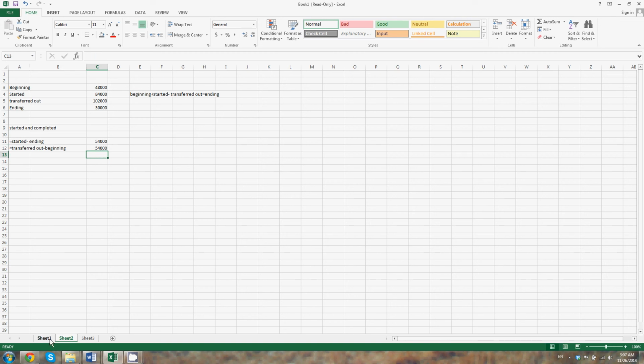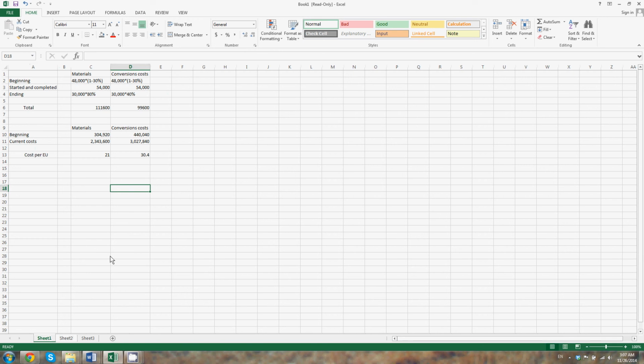All right, let's take a look at the last exercise, using FIFO to calculate the cost of transfer out and also the cost of ending. We need to begin with the equivalent units calculation first.